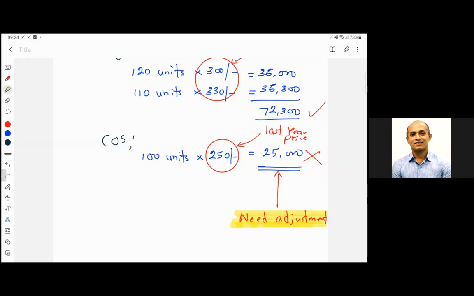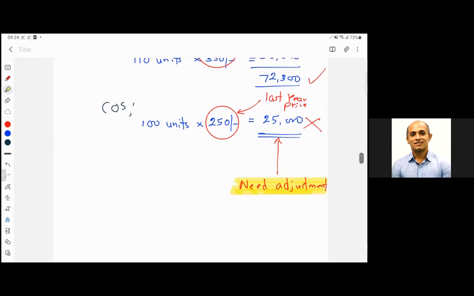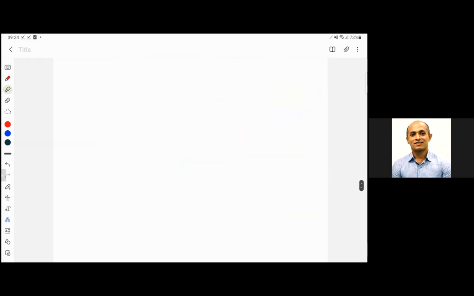Now we'll study how to adjust this. How do you find the cost of sales value in your financial statements?